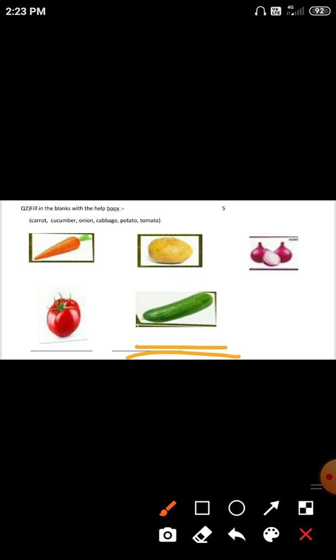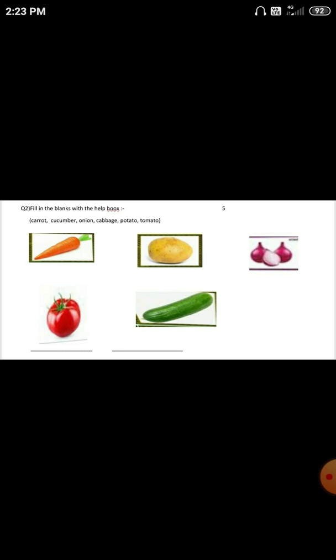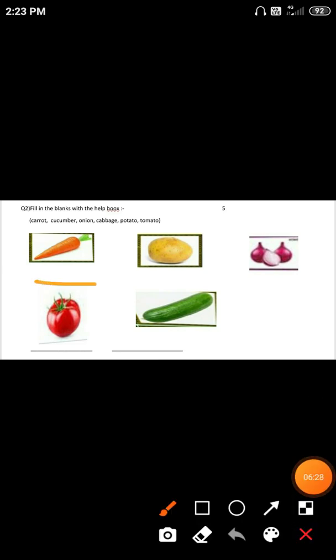The spelling is C-U-C-U-M-B-E-R, cucumber. The first vegetable name is carrot, second is potato, third is onion, fourth is tomato, and fifth is cucumber. So like this you have to write it.